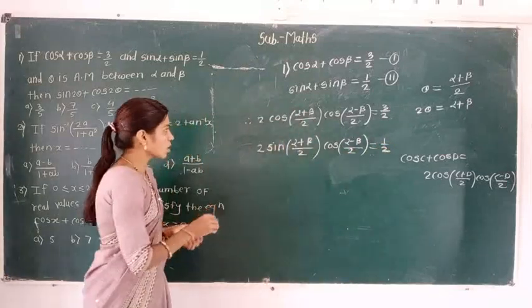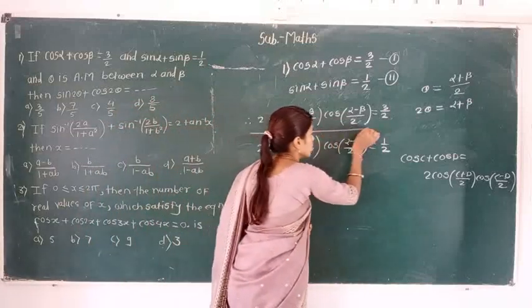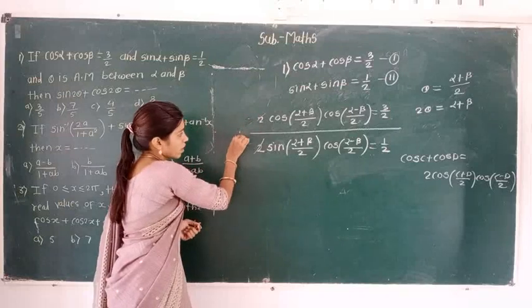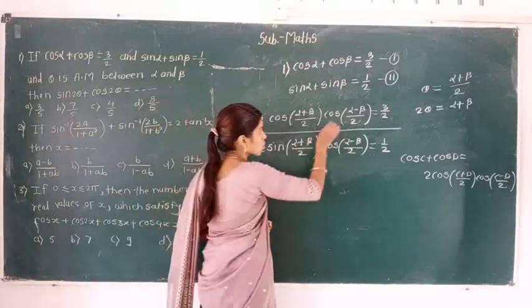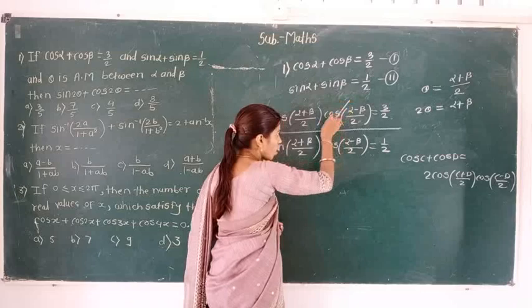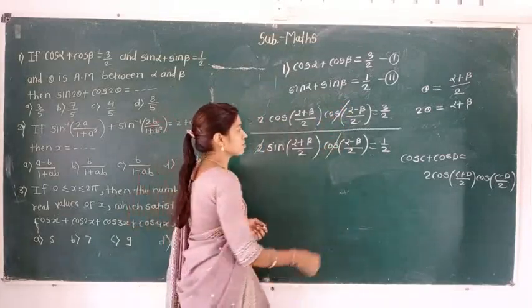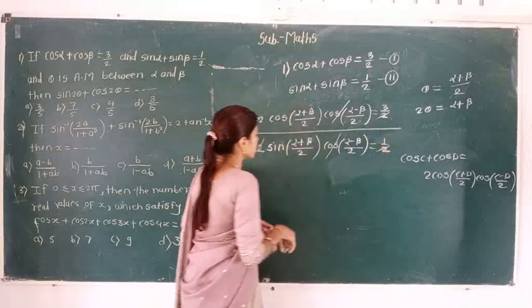We take the ratio of these two equations; in that case the 2 terms will get cancelled, and also the cos of (alpha minus beta) by 2 terms will get cancelled.